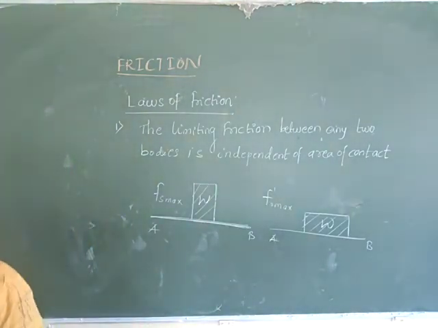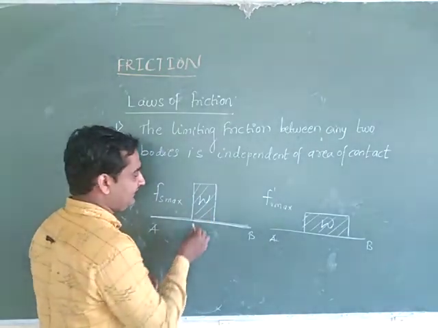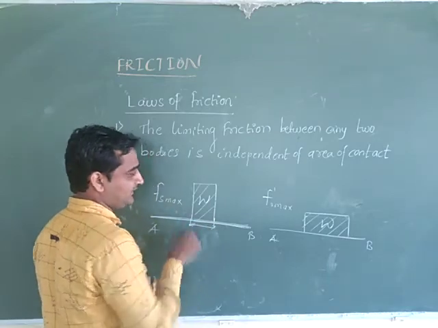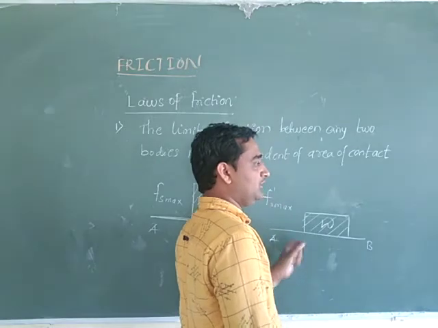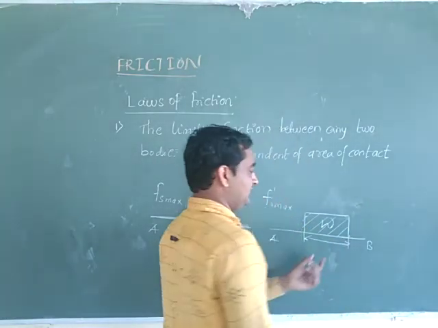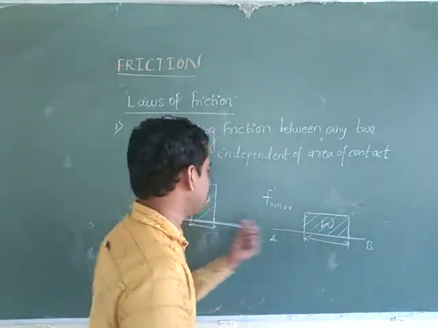Now in figure 1 you can observe the area of contact of this body. It is just the area of contact of this length, and the area of contact of this wooden block on this surface is this one. So the area of contact is more in this figure than in this figure.